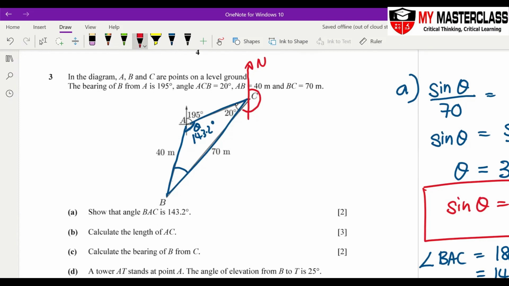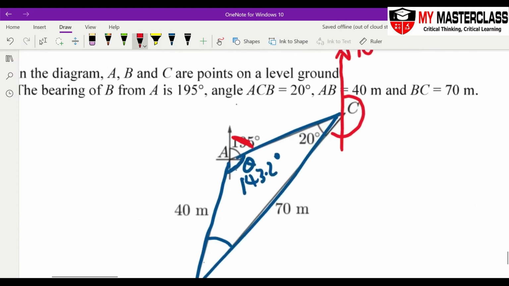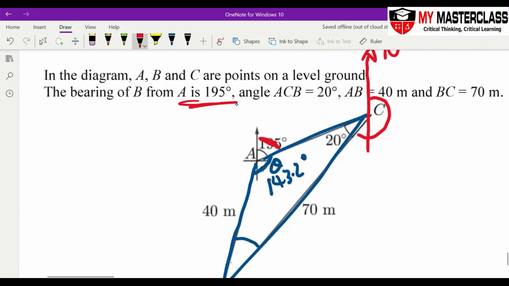There are several ways you can do it. This one I will not work out the answer; I will just tell you how to do it. Number one is, can you see 195 is from here to here? And minus 143, I will get here. Because at the start of the last question, they already say that this one is 195. 195 is the whole thing. Minus 143, I'll get this part.